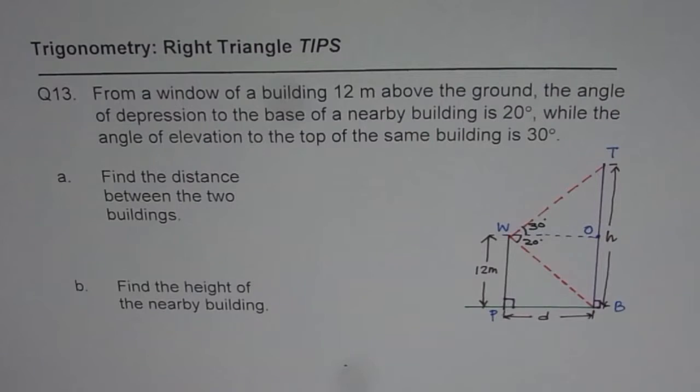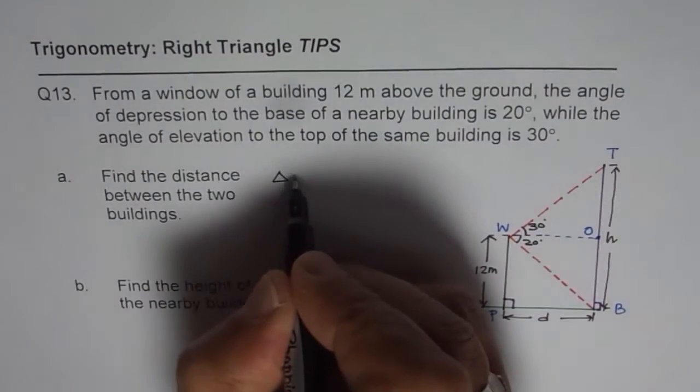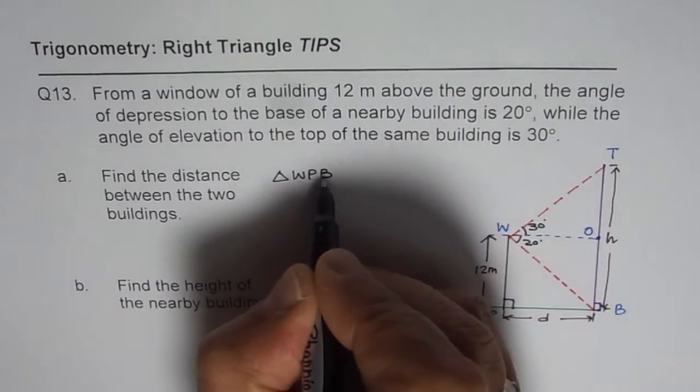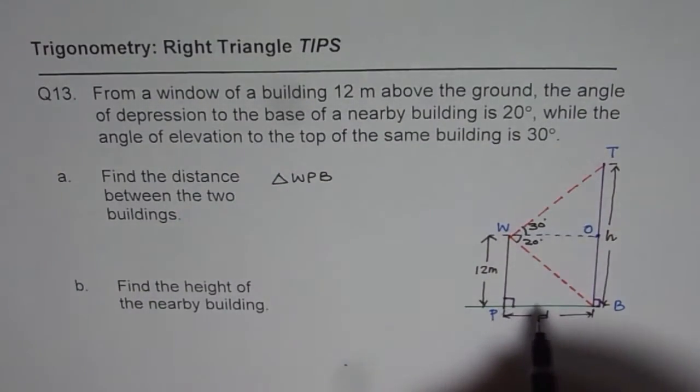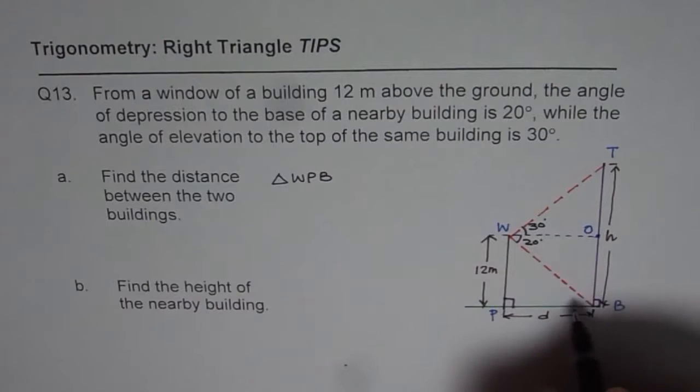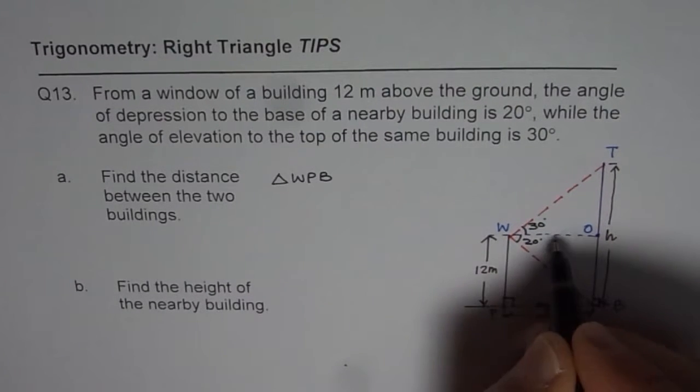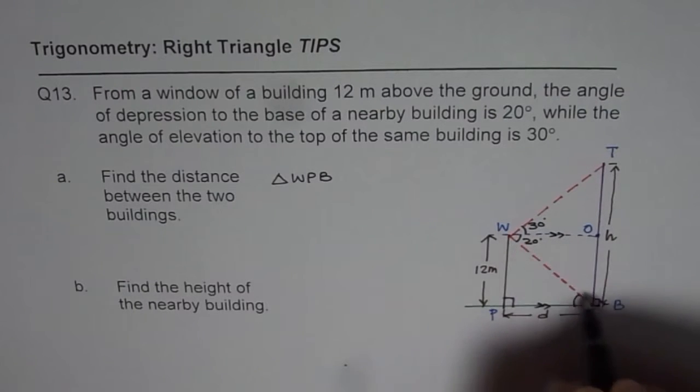Now consider the triangle WPB, right? So in the triangle WPB, that is a right triangle, as you can see, 20 degrees. So what is this angle? Now these two lines are horizontal lines, so they are parallel. These are interior angles, so they should be equal, correct?